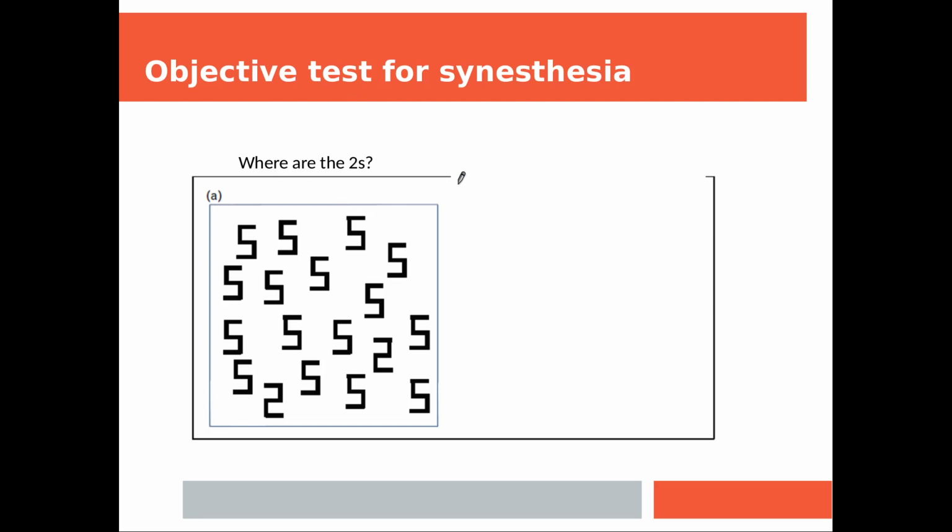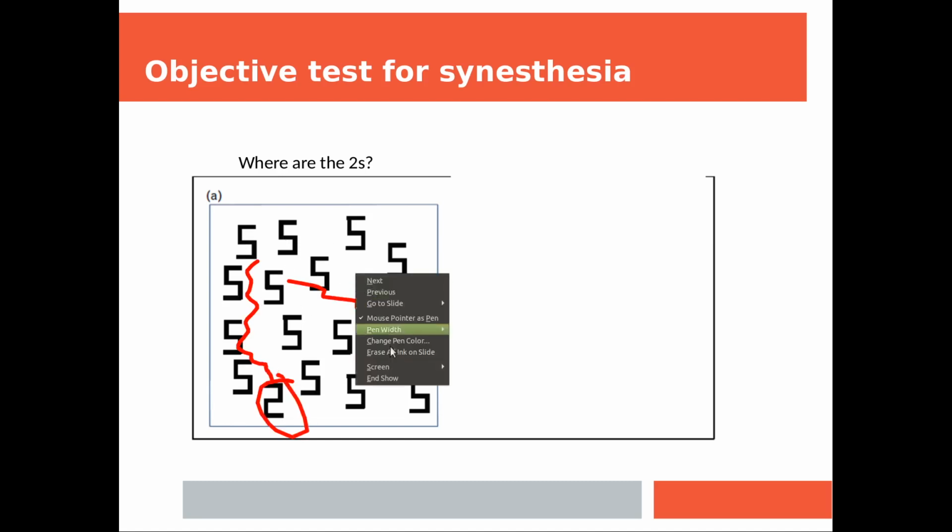One objective test you can use to test whether the perceptions are first order, like they actually happen immediately, is you can have a synesthetic person do a task like this, where you say search for the twos. There's a bunch of fives, number 5, number 5, number 5. You say search for the twos, and for me it takes a little while. I have to look around and find, oh, there's a 2. Right?